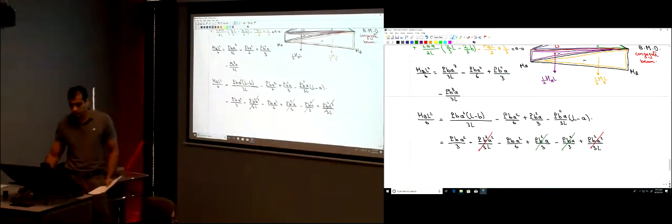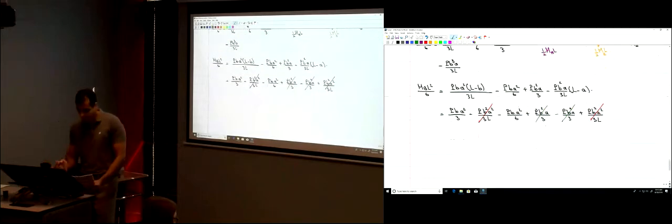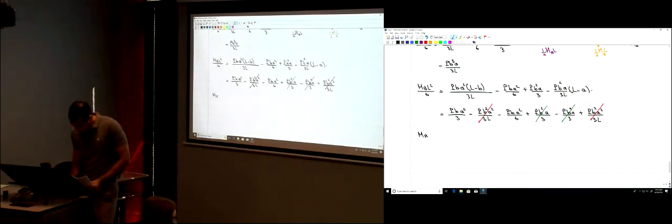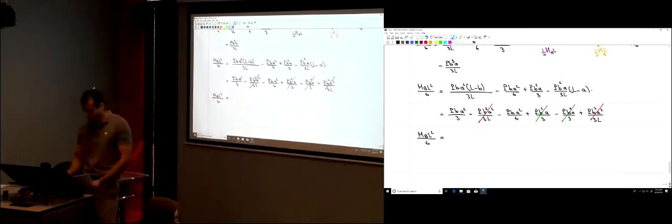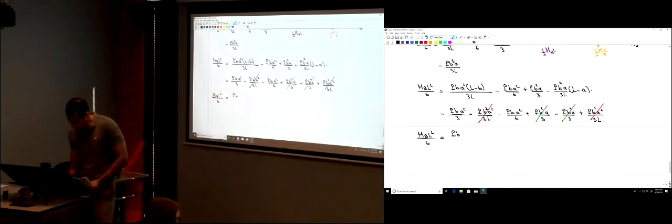Okay? So now we have MB L squared divided by 6 equals just those two terms. As you see, they look the same. PBA squared, just here divided by 3 and here divided by 6. So we have PBA squared, okay?